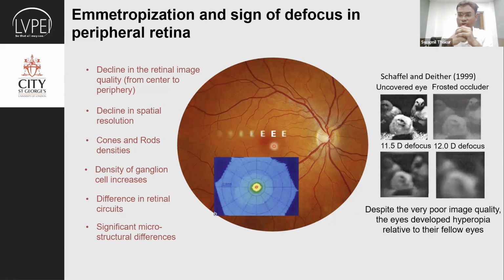They gave four conditions: uncovered eye, frosted occluder, plus 1.5 diopter of defocus, and plus 2.5 diopter of defocus. The conclusion from this experiment was that even in the presence of poor image quality, the eye was able to detect the defocus signal, and then it was able to regulate the ocular growth.